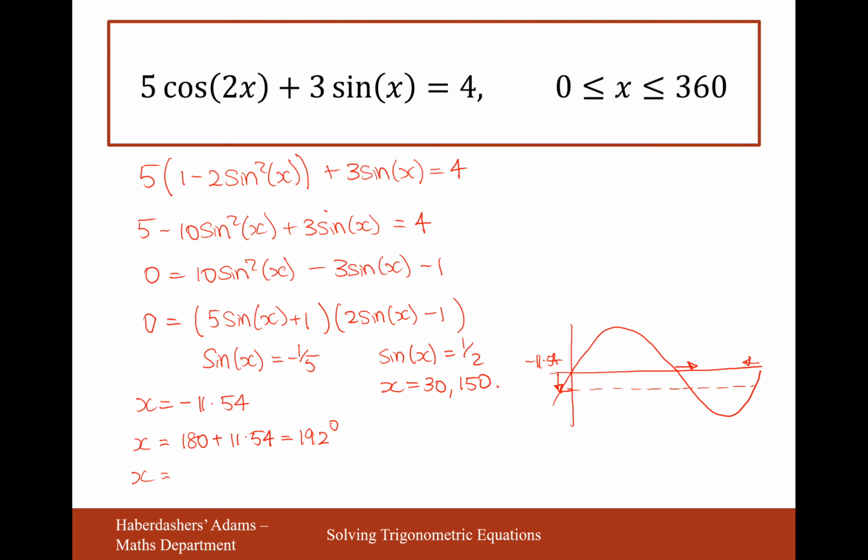And the next one is going to be 360 plus answer, which will be 348. So it'll be 360 minus 11.54. That'll be 348 when rounded to 3 significant figures. So it's that answer, and then these two up here. So there we are, that's the answer to this question.